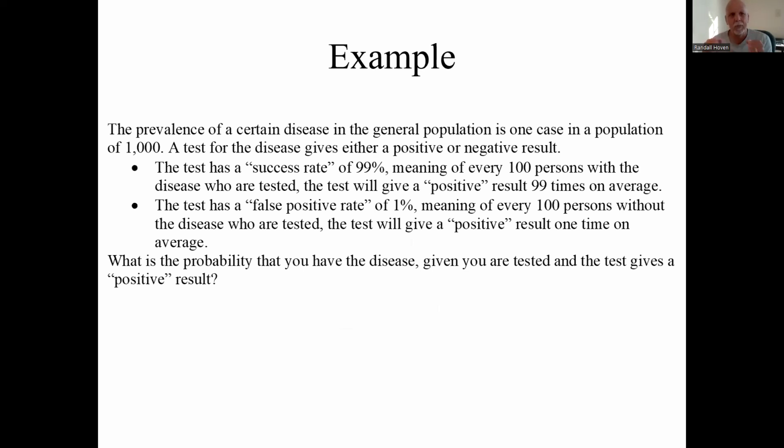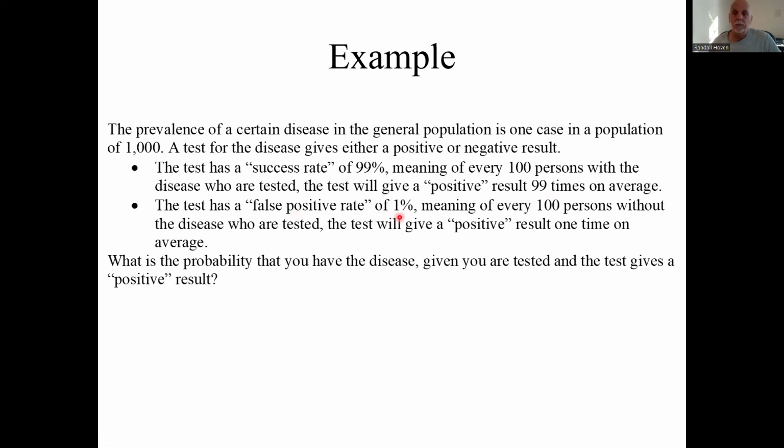Let's do an example. Say there's a certain disease which has a prevalence of 1 person in 1,000. That's all we know before we do any new testing. Somehow we know that's the prevalence of the disease. The test has a success rate of 99%, meaning of every 100 persons who have the disease, the test will give a positive result 99 times.